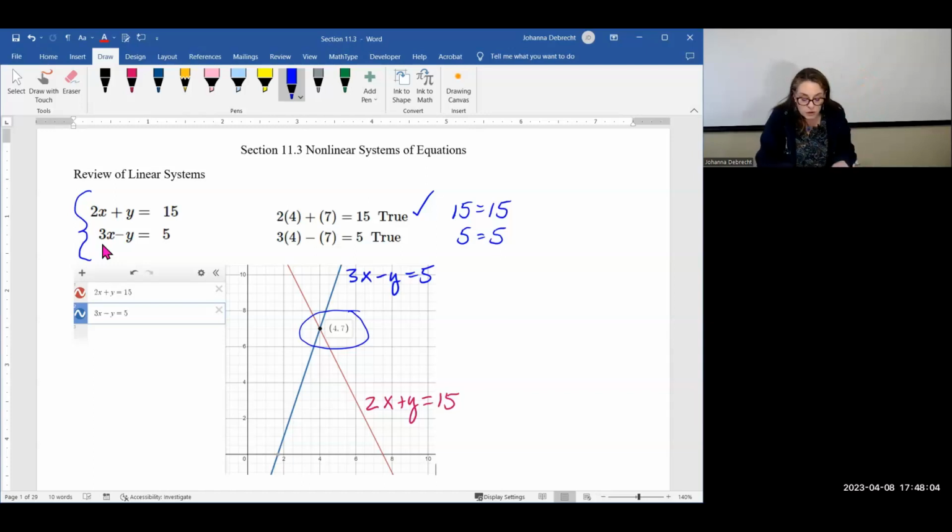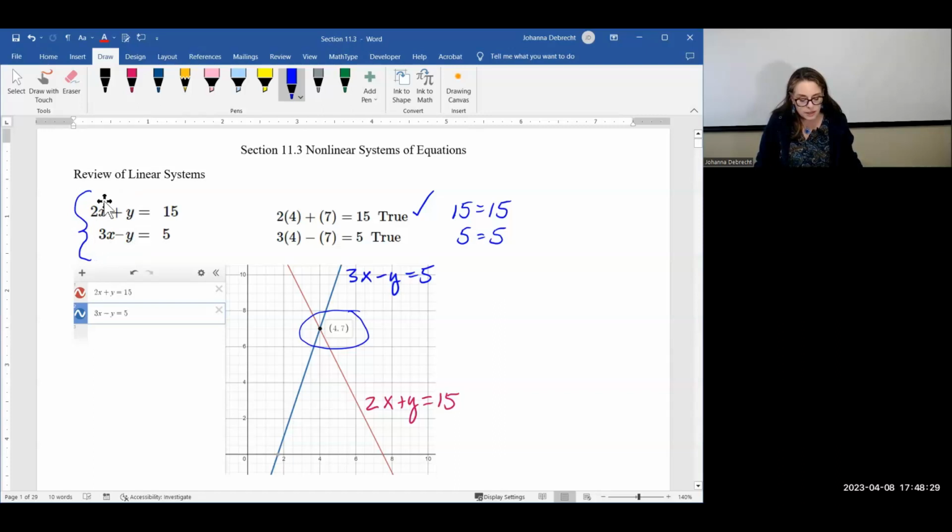In this case, though, they're clearly not the same line because they're different. The red line has a negative slope and the blue line has a positive slope. If we have a situation where they're the same line, something weird will happen when we try to solve it. And I'm going to work one of those for you just to kind of remind you of what happens.